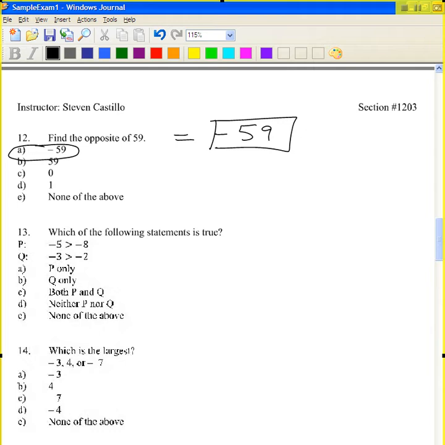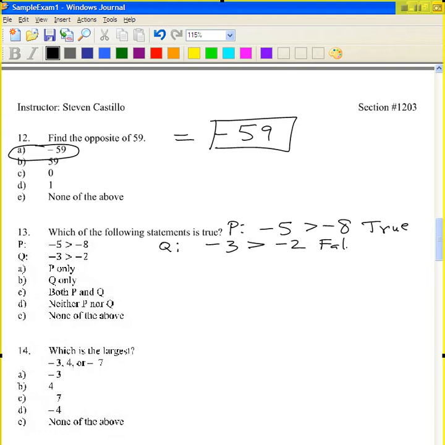Which of the following statements is true? Well, let's see. Is negative 5 larger than negative 8? Well, yes. Negative 5 is to the right of negative 8, so that's true. That's P. Q. Is negative 3 bigger than negative 2?